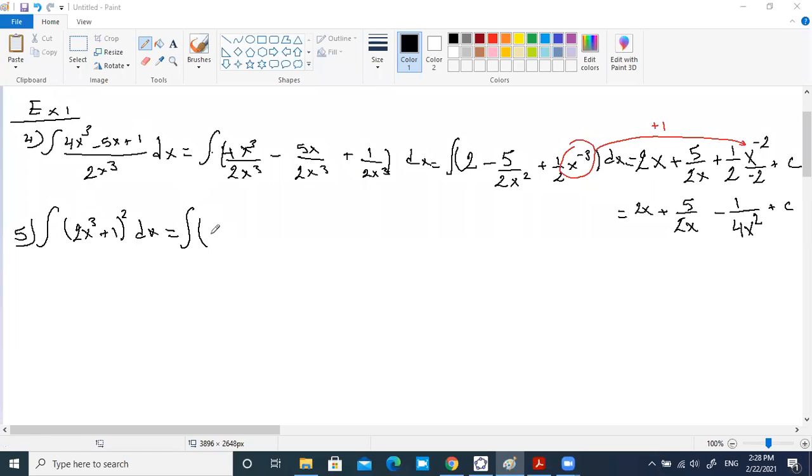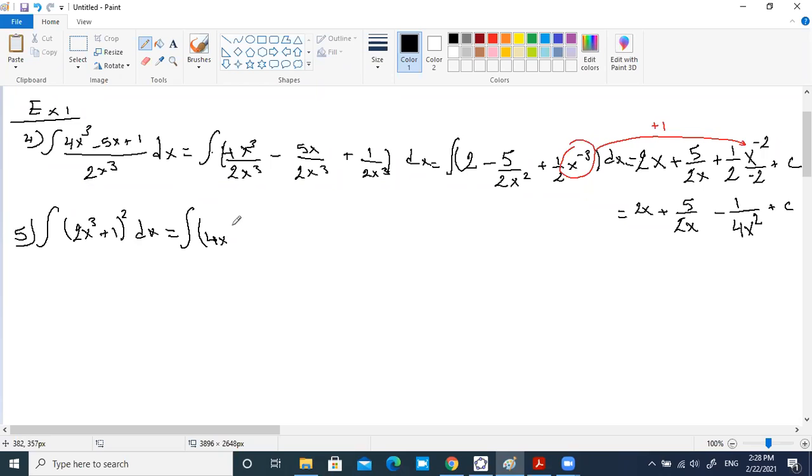Expand. What do you get? 4x to the power 6, plus 1.